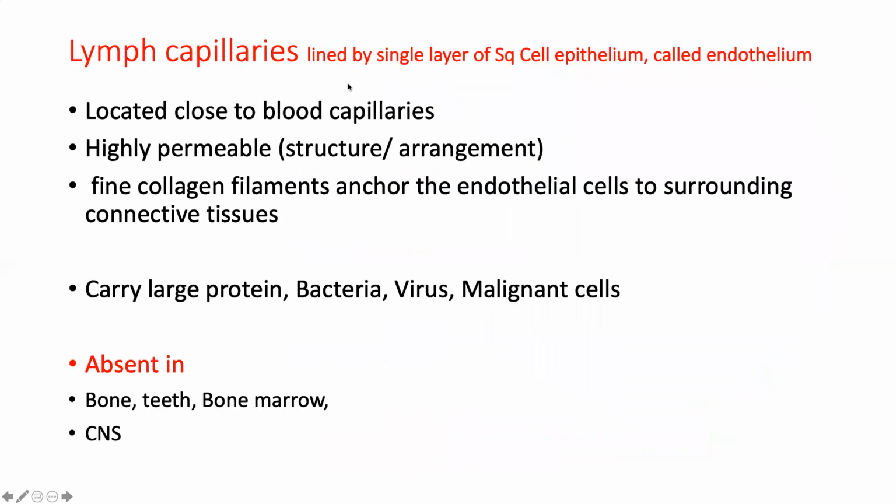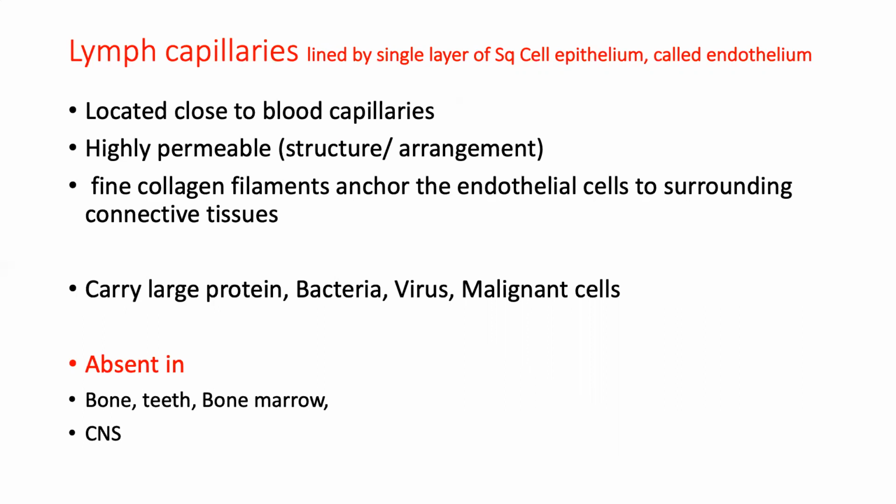So lymphatic capillaries are lined by a single layer of squamous epithelium, of course squamous, flat, but in the vascular system we do not call it squamous epithelium, we call it endothelium. They are located close to the blood capillaries, as we have seen in our previous slide.